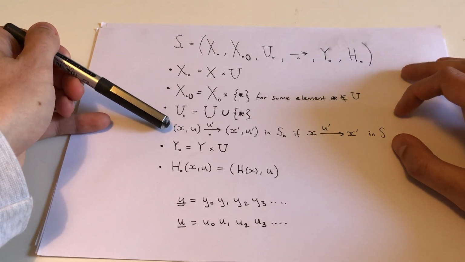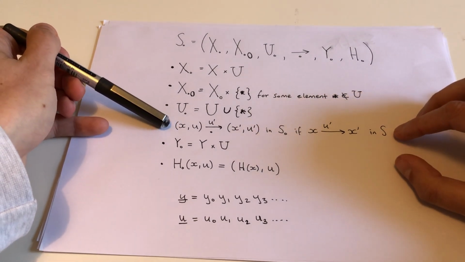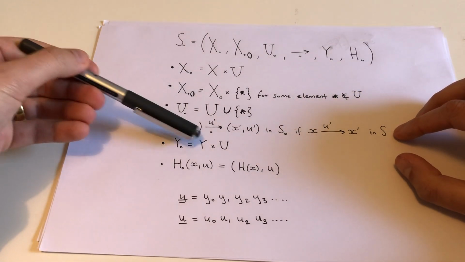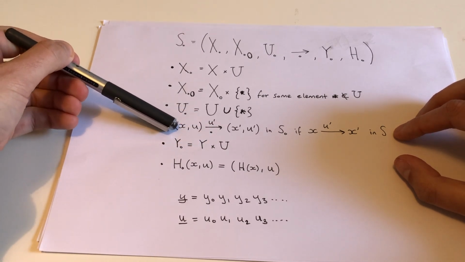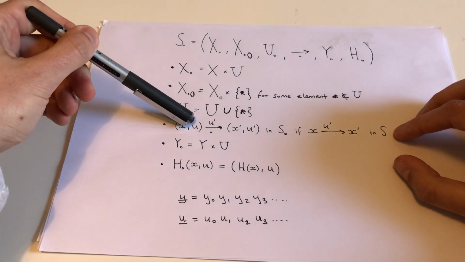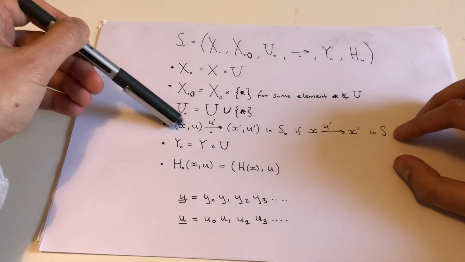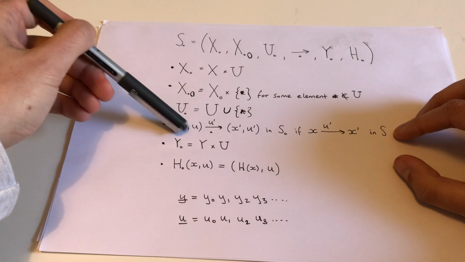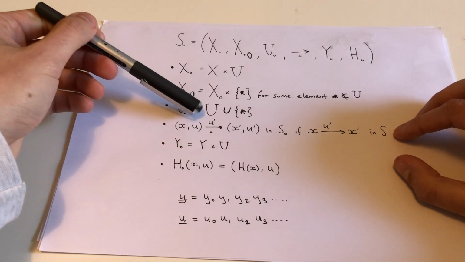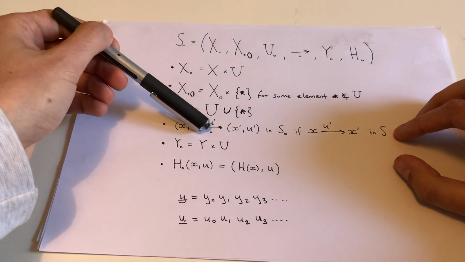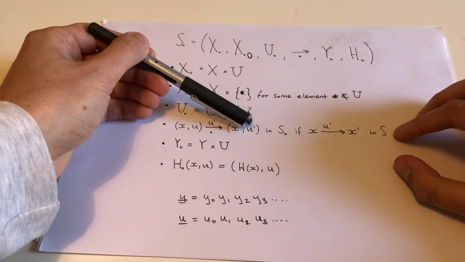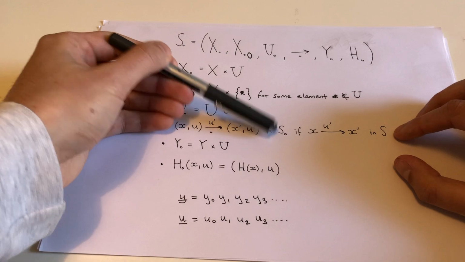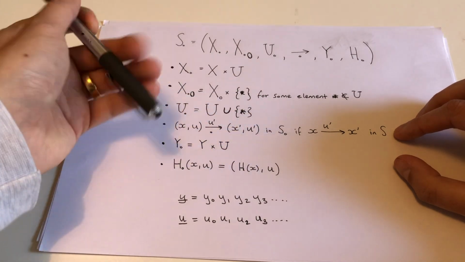And then we can also describe our updated transition relation. So we have the small circle here. Now we have a state and the input being almost like a little tuple, which then, using some input, transitions to a new x dash, u dash, and this is in the system that we've described.